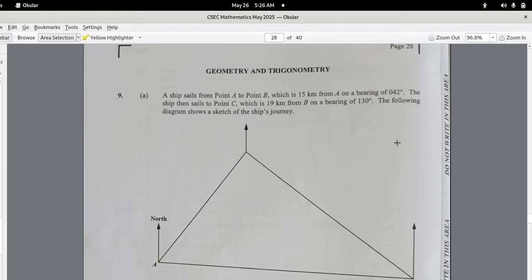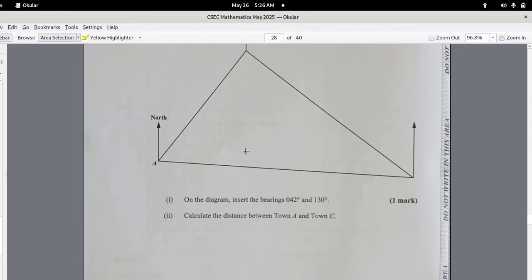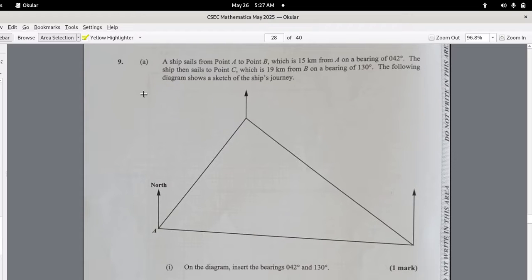The ship then sails to point C, which is 19 kilometers from B on a bearing of 130 degrees. The following diagram shows a sketch of the ship's journey. On the diagram, insert the bearings 42 degrees and 130 degrees.